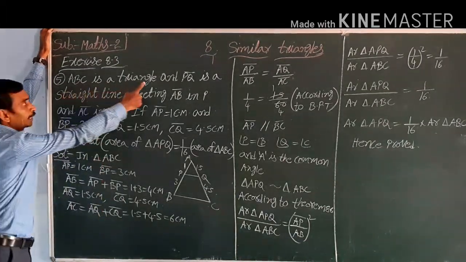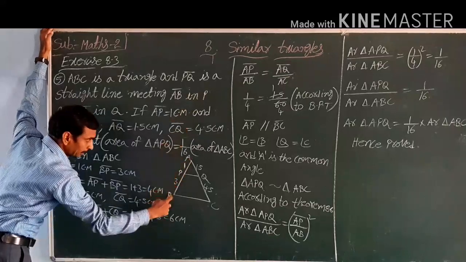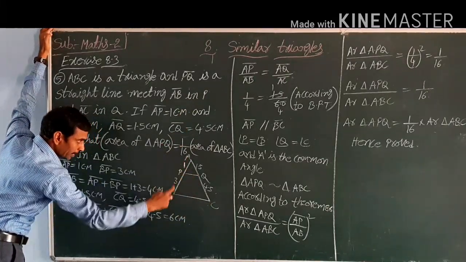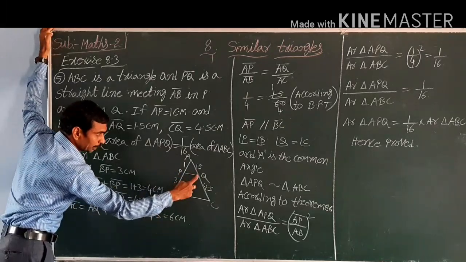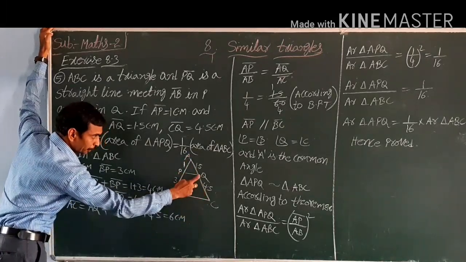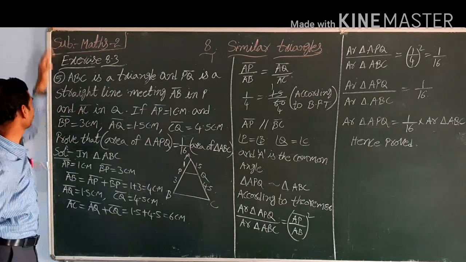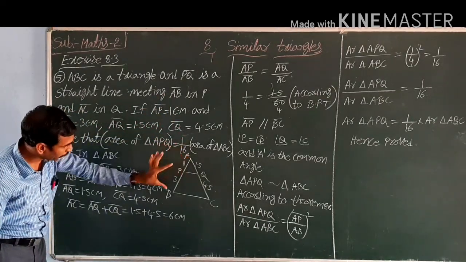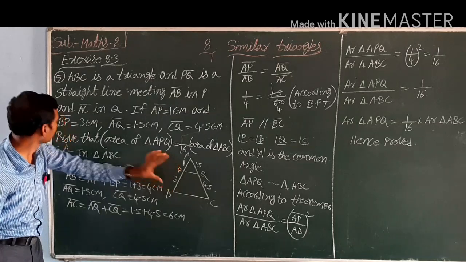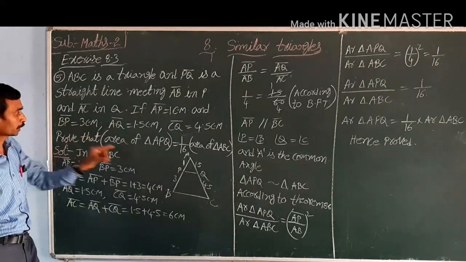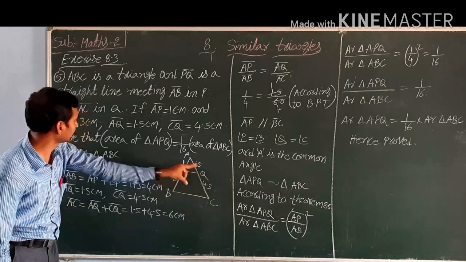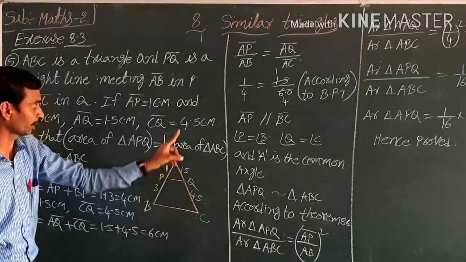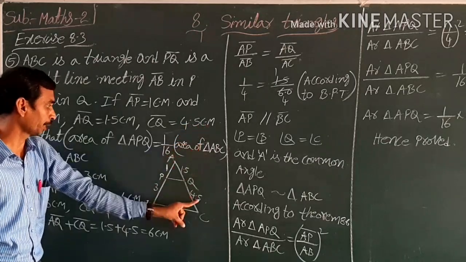Here ABC is a triangle and PQ is a line, intersecting AB at P and AC at Q. Given AP is 1 centimeter, BP is 3 centimeters, AQ is 1.5 centimeters and CQ is 4.5 centimeters.